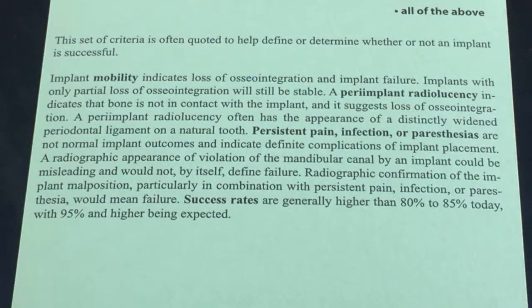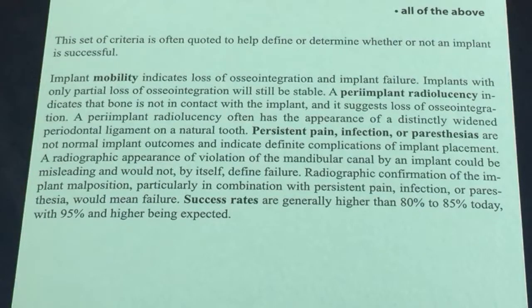It often has the appearance of a distinct widened periodontal ligament of a natural tooth. Persistent pain, infection, or paresthesia are not normal implant outcomes and indicate definite complications of implant placement.